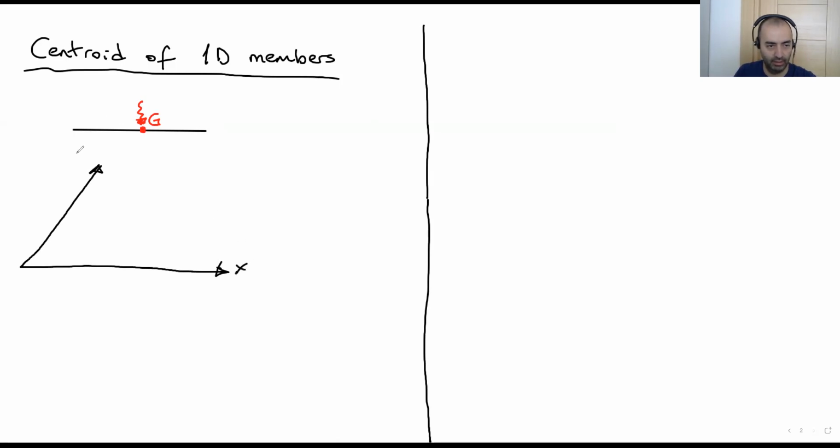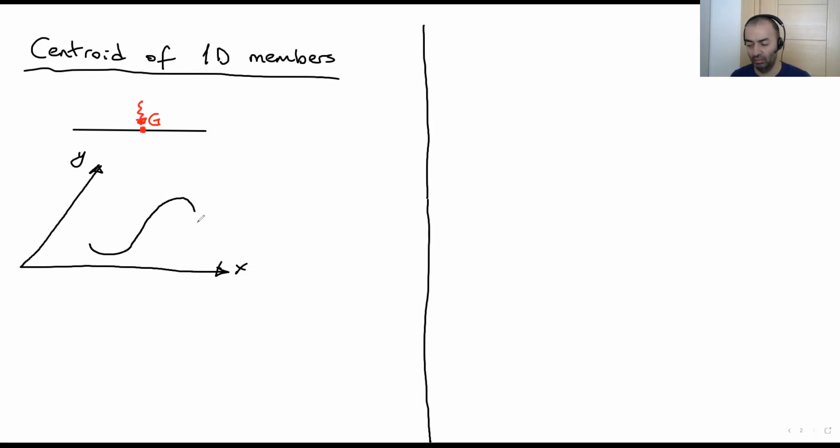This is X, this is Y. If we have a member, let's say you have a wire and you bend it into a little bit of an S shape. Can you tell me which point is the center point, the centroid point? It's not easy.